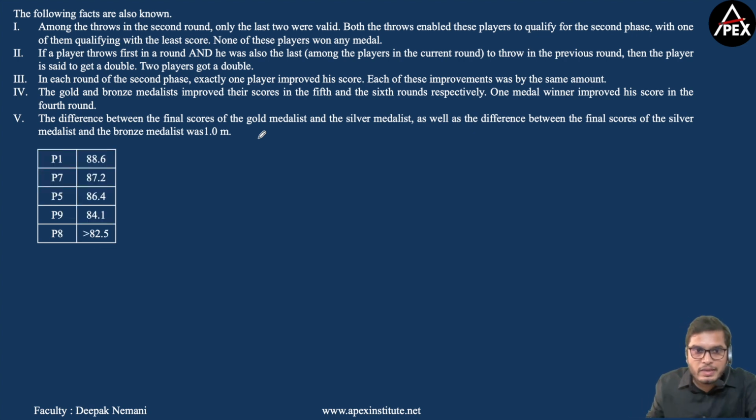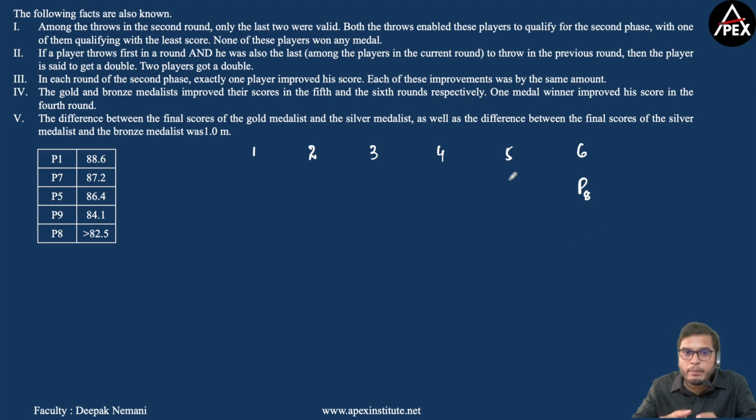So if that's the case, if I have to arrange these 6 persons in the increasing order of their ranks 1, 2, 3, 4, 5 and 6. Now this will be P8 for sure. Now the player with rank 1, that can be either P10 or P1. Since P1 had improved his score in round 3. Okay, so in one case let me consider P10 being the player with rank 1.